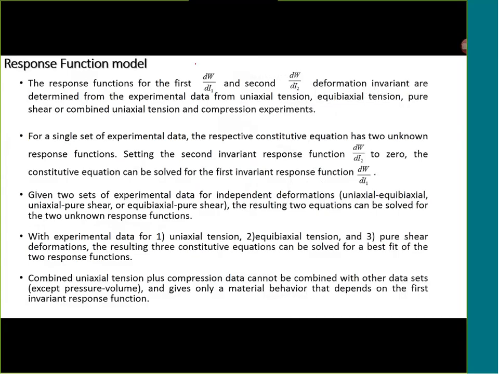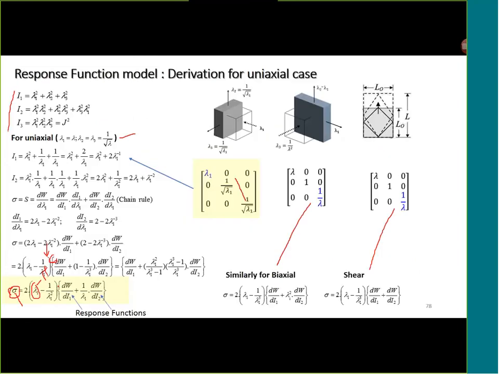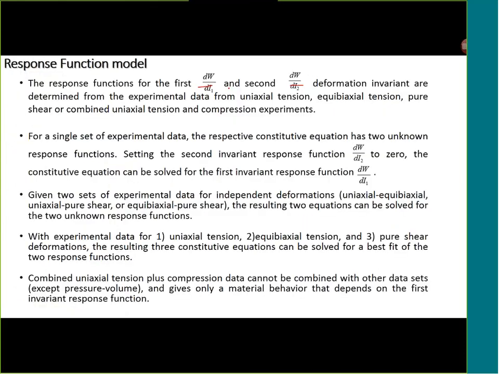Here is the example. There are two response functions, the first invariant based and the second invariant based. To determine two invariants, we need more than one test data. If we have only one test data, using one equation we cannot determine these two parameters. So these parameters are determined from different test data.